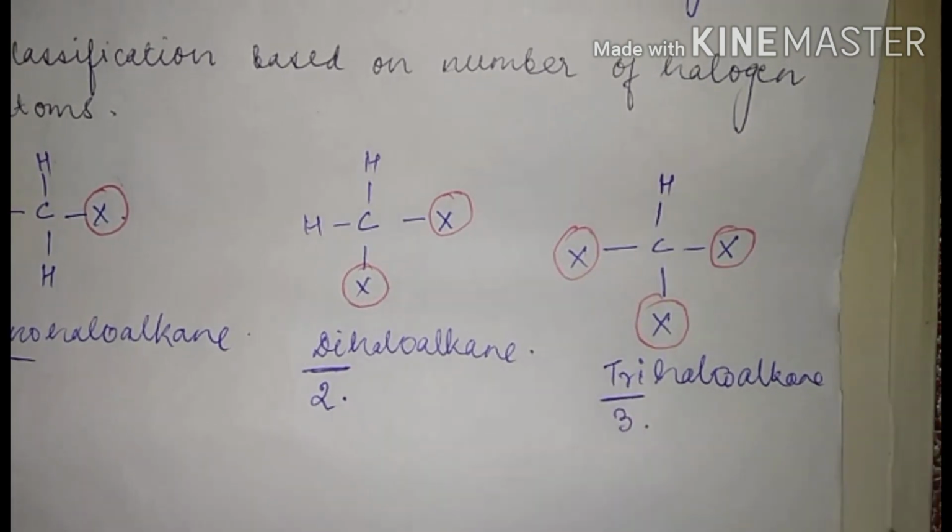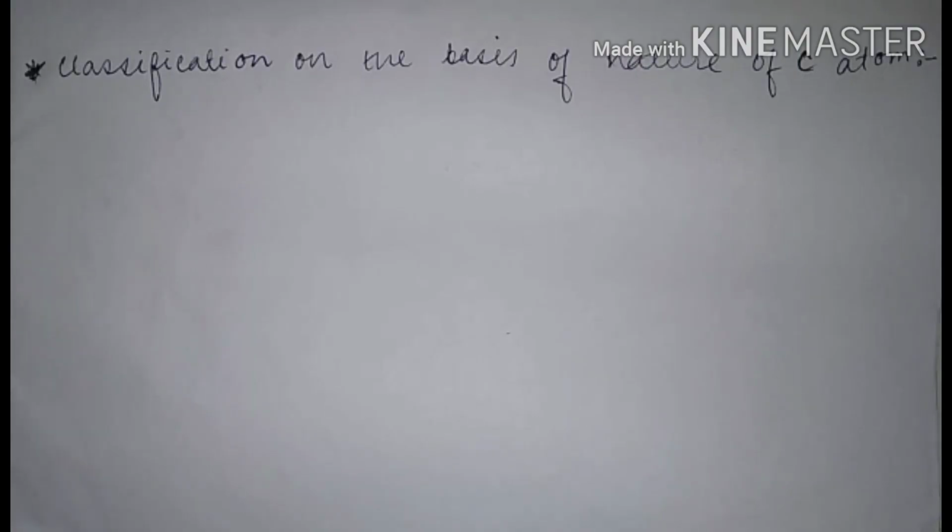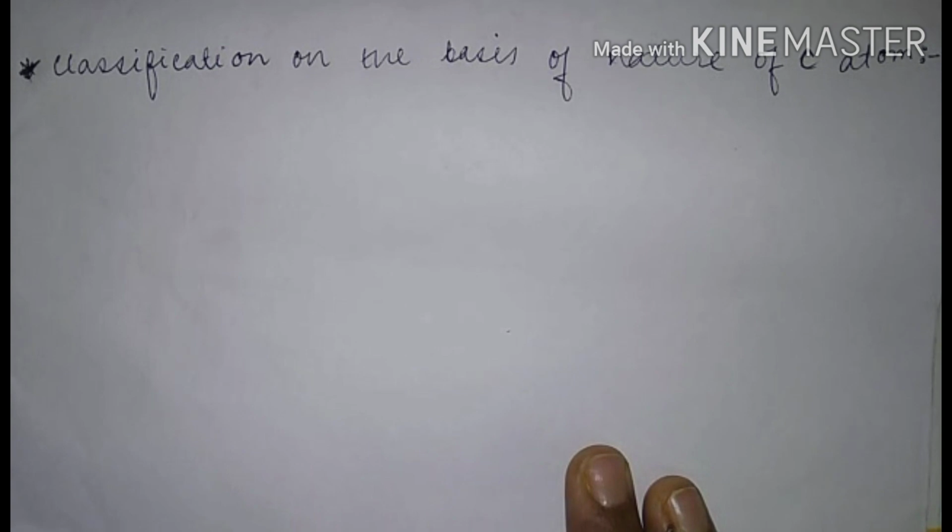Tri means three. When more than three halogen atoms will be present in any alkane, it will be called polyhaloalkane.